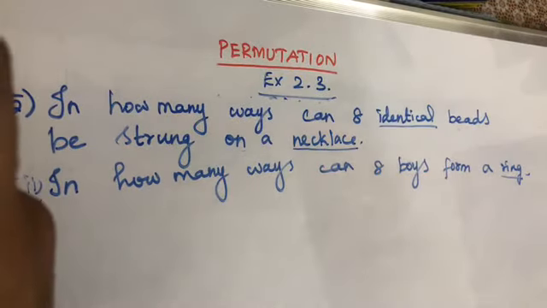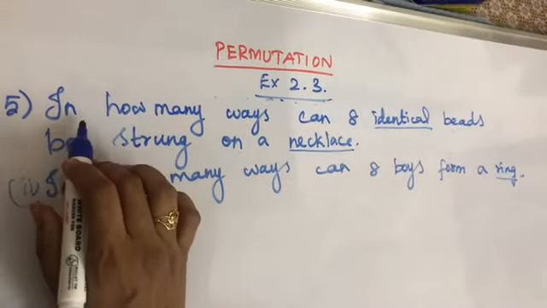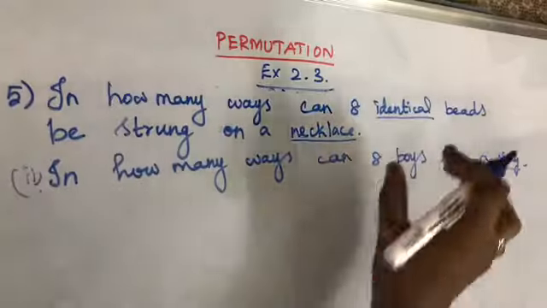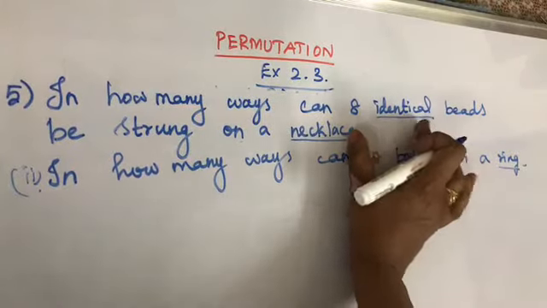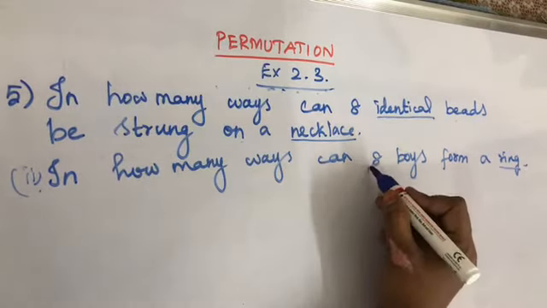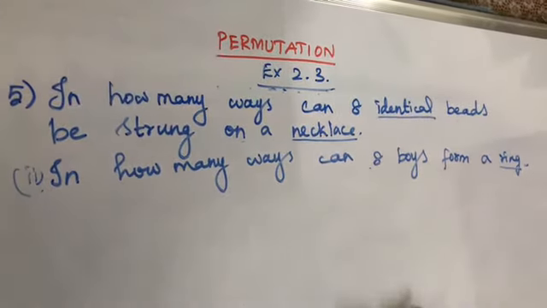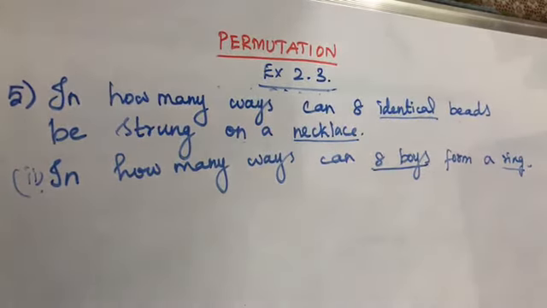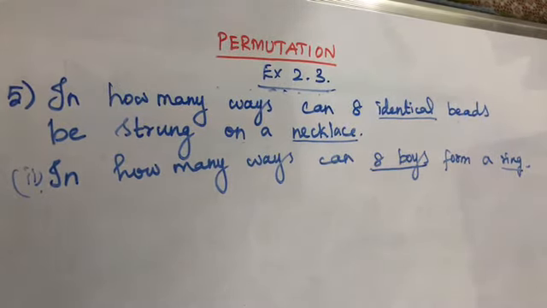In the first subdivision, all the 8 beads are identical, the same, we couldn't differentiate. So we have a different formula for that. And the second one, 8 boys can form a ring. Boys are not identical. So we have a different formula for that also.